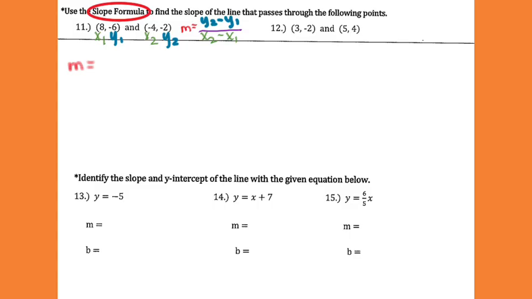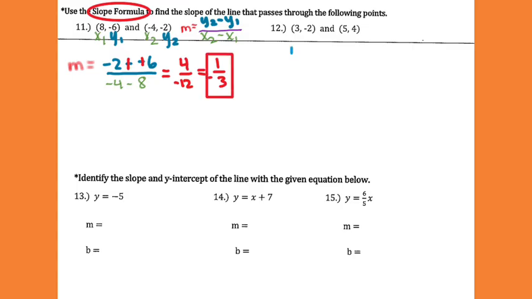So I can just do my differences in my points. 2 minus 1 over 2 minus 1 gives me -6 minus a -2, minus a -6 gives me +4, because the negative is a positive. And -4 and -8 is -12. And I can reduce this to -1/3.